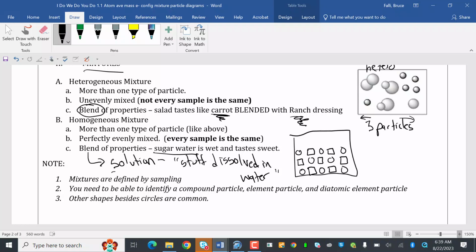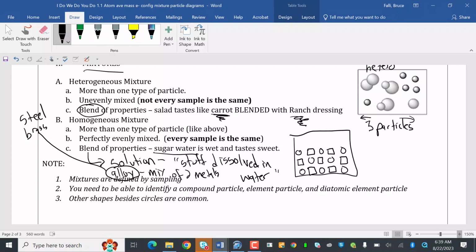And the other one is an alloy, which is a mixture of two metals. And your alloys that you should be comfortable with are steel. Steel is not an element or a compound. It's a mixture of metals. And the same thing is true for brass. So they're a mixture, and that blend of properties is wonderful.